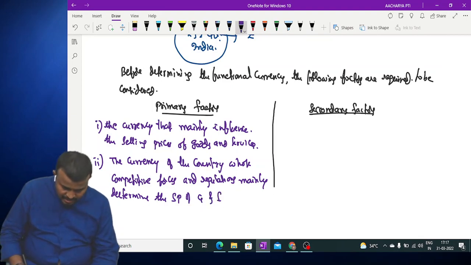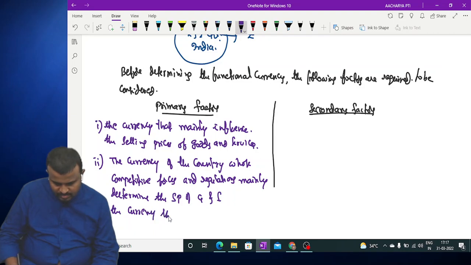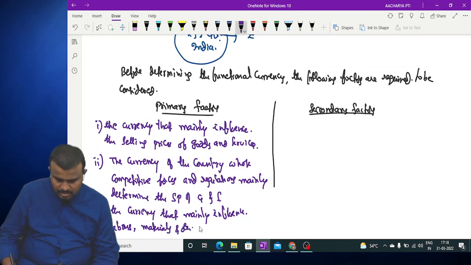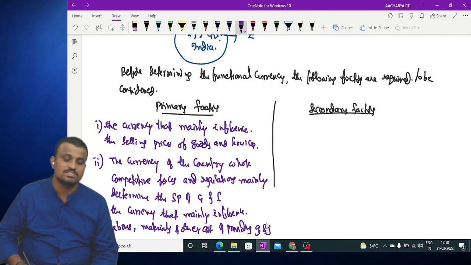And the third one is the currency that mainly influences the labor, materials, and other costs of providing goods and services.